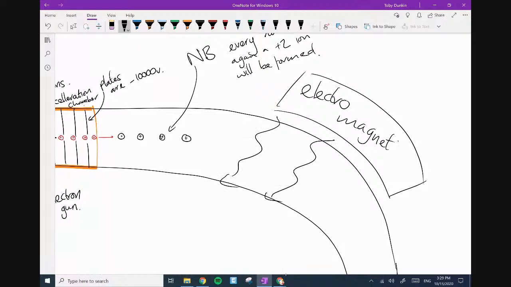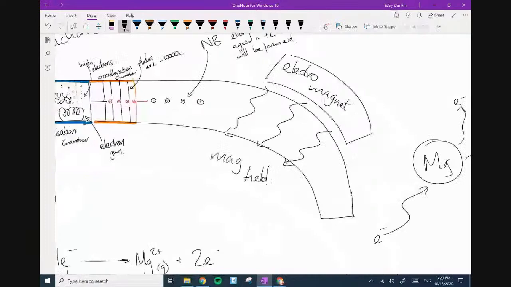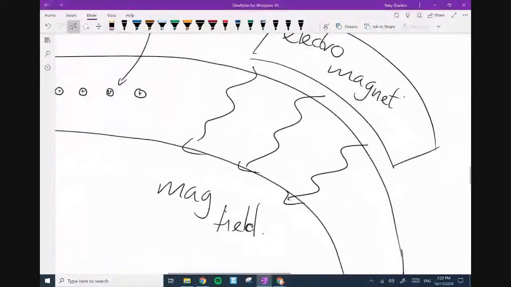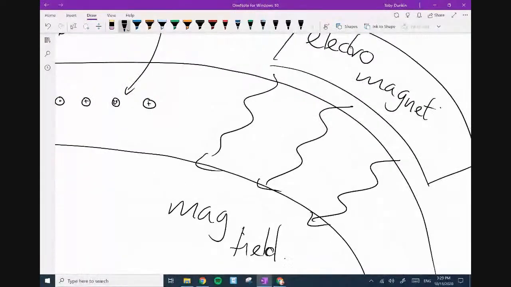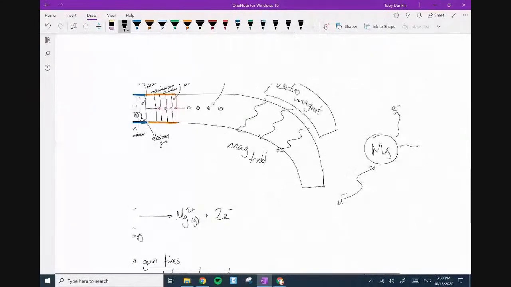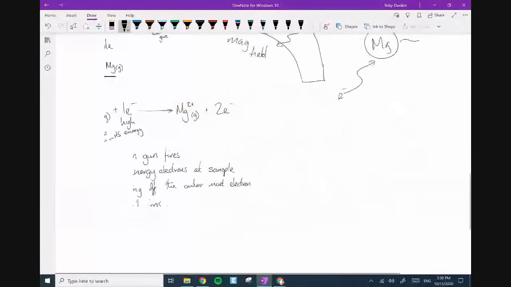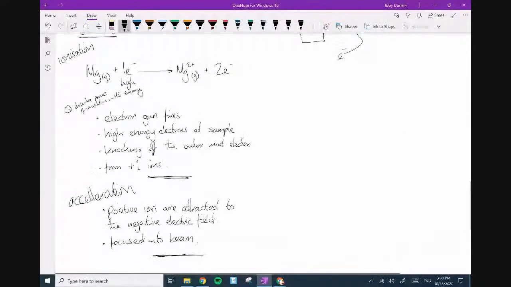Here is now our mag field. Now what's going to happen is they're going to get deflected. This is called deflection.